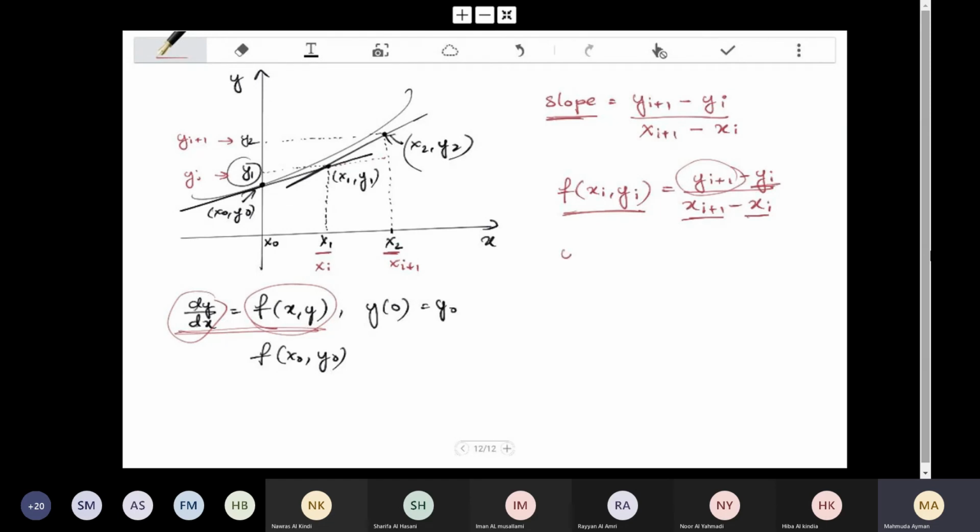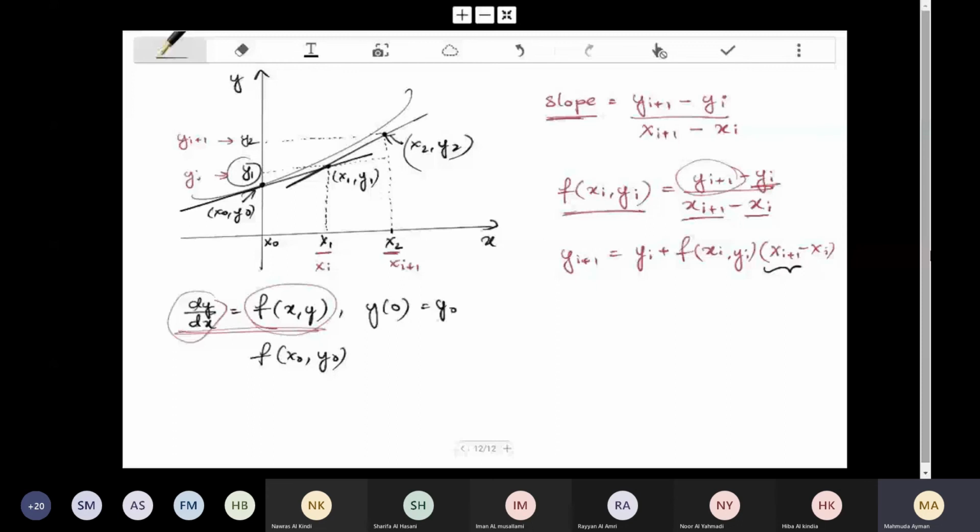So we'll rearrange this to make yi plus 1 the subject of the formula, and that will give us yi plus the function at xi comma yi times xi plus 1 minus xi, but this part is actually the step size.